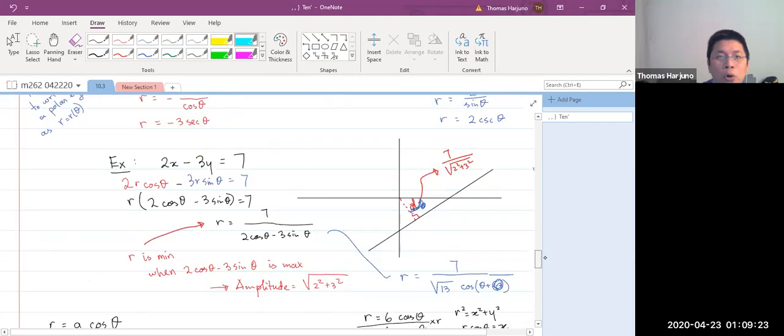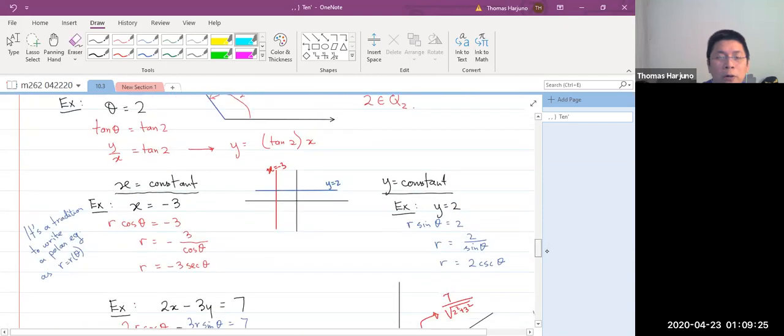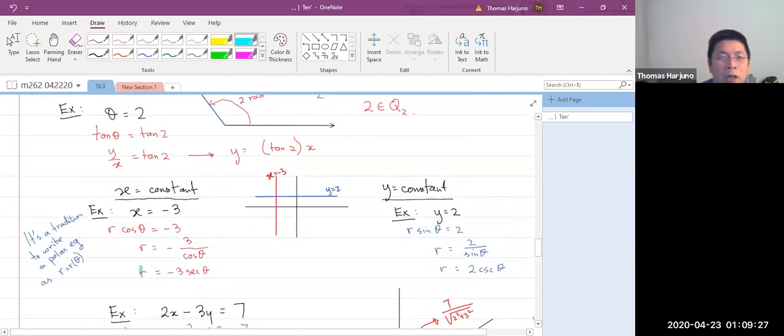And also, if we go even further, notice that r equals to -3 secant theta, which is basically r equals to -3 over cosine theta. So it depends on cosine theta, right? The graph is this one. It's symmetric with respect to the x-axis. Is it okay?